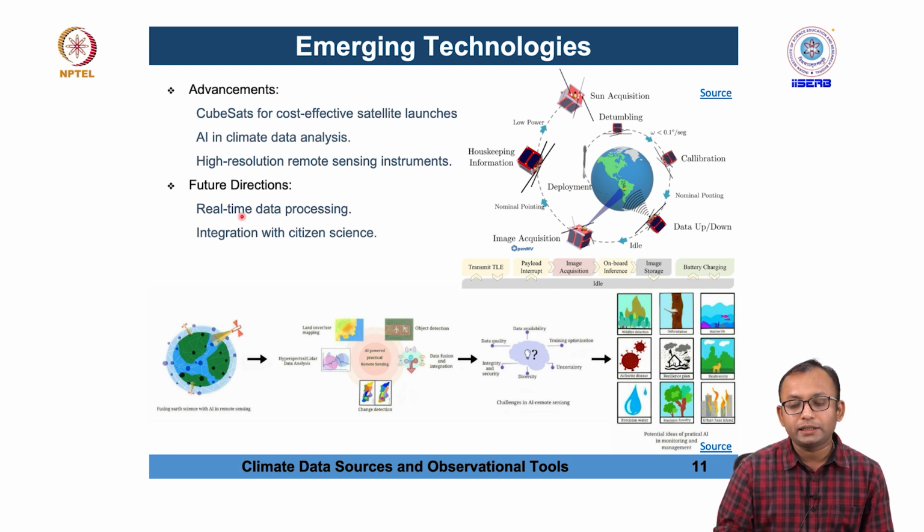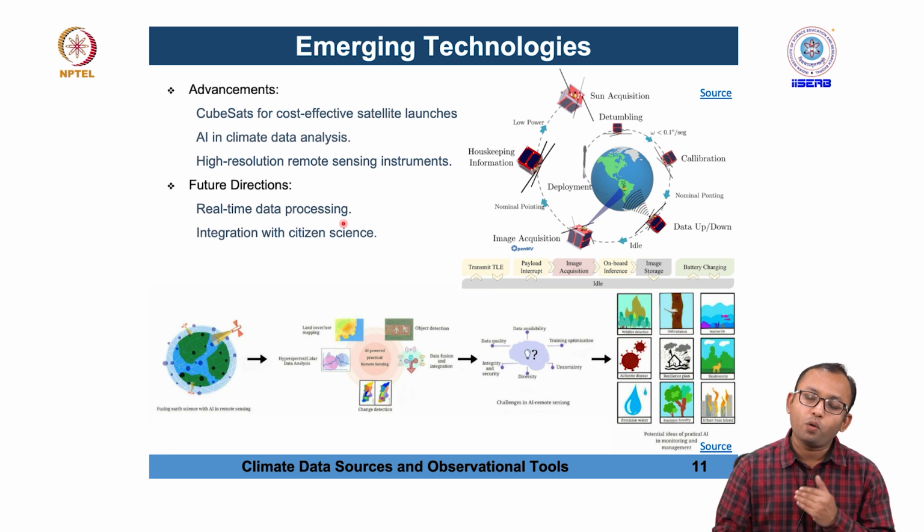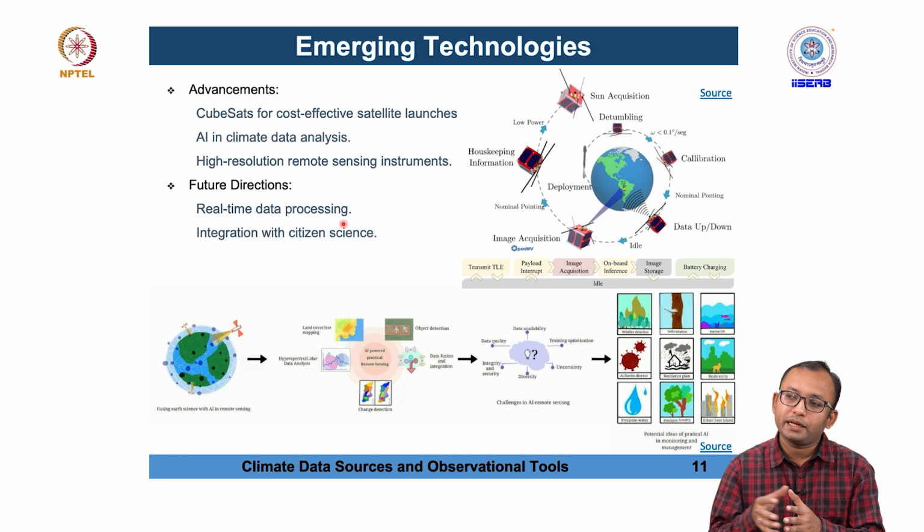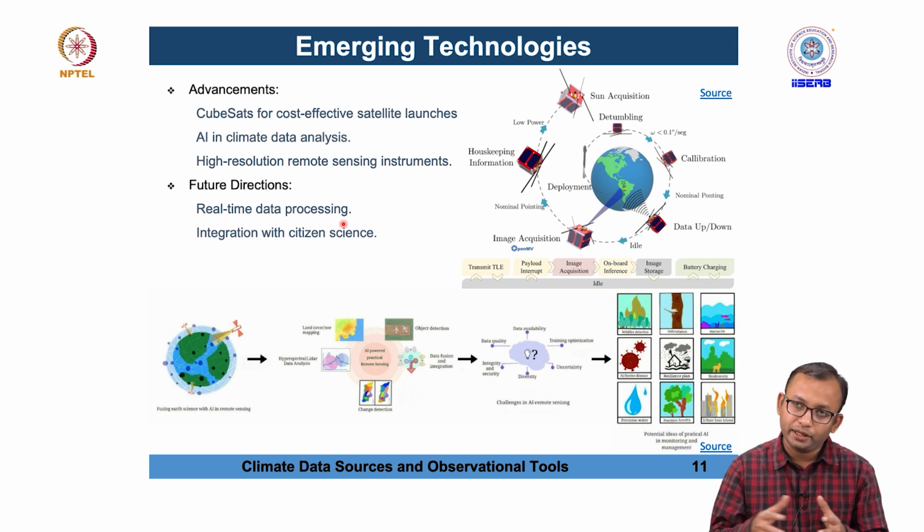In the future direction, climate data analysis is moving toward more real time data processing, so that we have a better understanding about different types of extreme events and their behavior, and we can make more informed decisions based on less uncertain projections or forecasting methods.